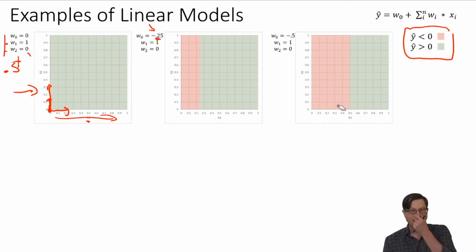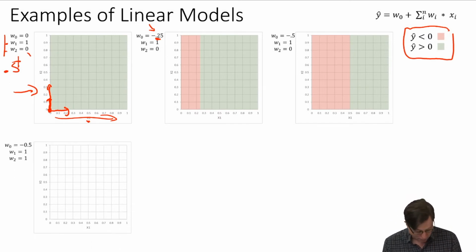Now let's get to a slightly more interesting case where we're incorporating both variables. In this case, we'll say the bias is negative 0.5. So that's essentially this model there, but now we've turned weight 2 from 0 to 1. That means there are 2 ways for the linear model to get up to the point where the sum is above 0: if x1 is greater than 0.5, or if x2 is greater than 0.5.